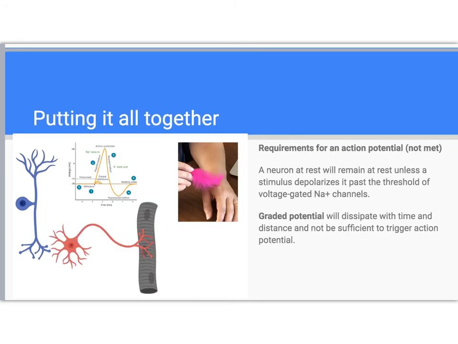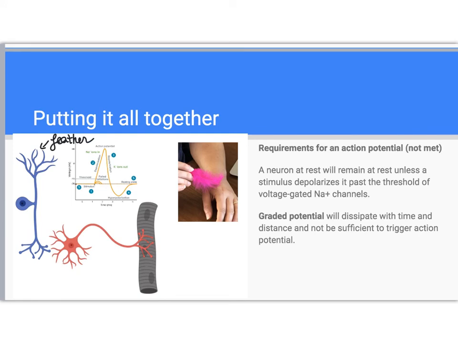So let's put this all together in the context of the pain sensation circuit that we discussed at the beginning of this tutorial. A pain neuron has its dendrites on the hand and is sensitive to pressure information. A feather brushing the hand is not enough pressure to trigger the pain sensing neuron to go past its threshold.